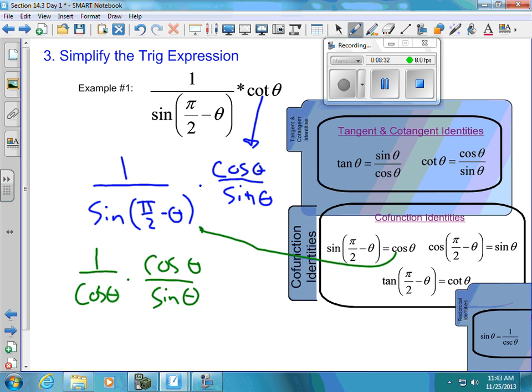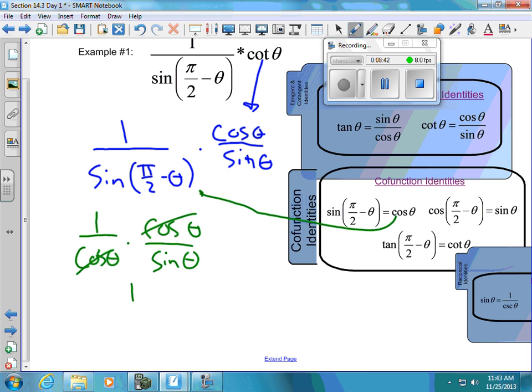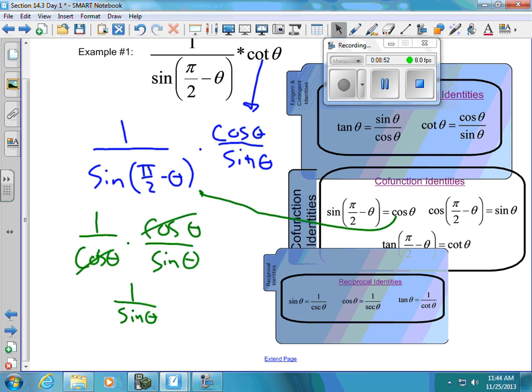And why is that cool? Well, I've got a cosine of theta on the numerator and the denominator. And so they cancel out, and I end up with 1 over the sine of theta. And 1 over the sine of theta, I don't know that we need the identity for it, but if sine of theta is 1 over cosecant, we can solve this, and really these can flip-flop.